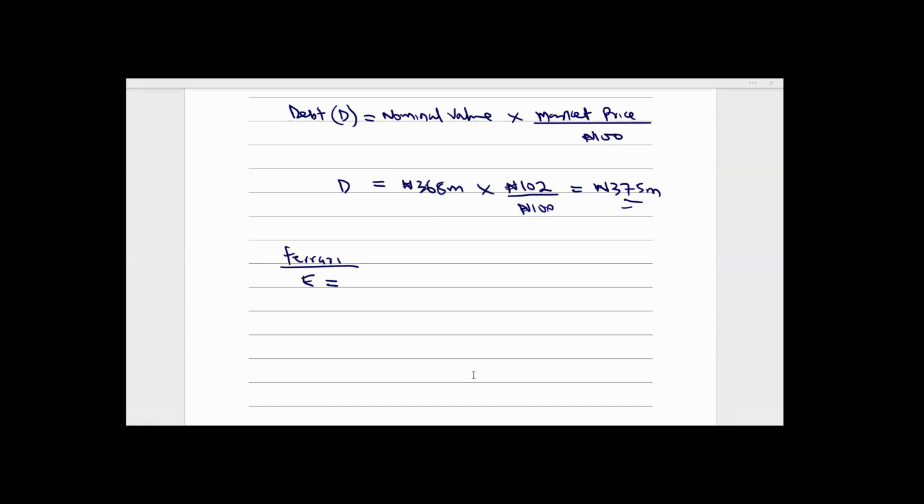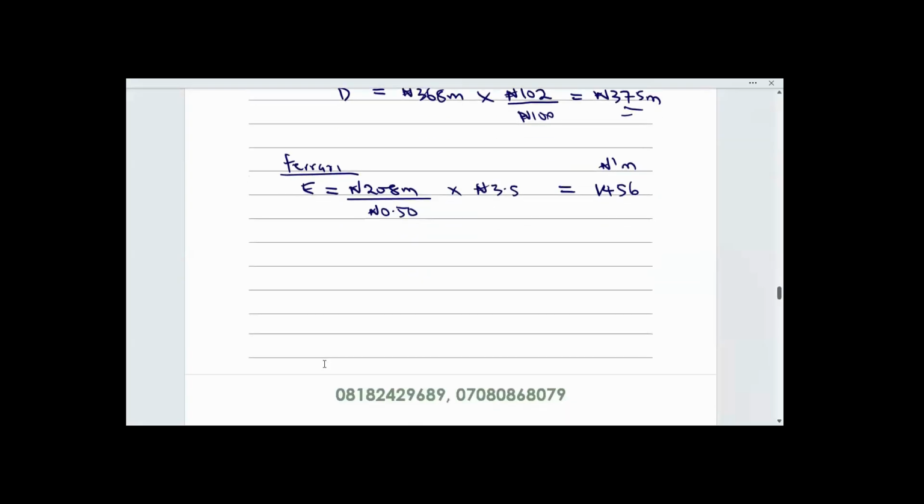So here will be 208 divided by 0.50, then multiply by the share price of 3.5 naira. So 416 multiplied by 3.5. That's 1456. Here is 1456.